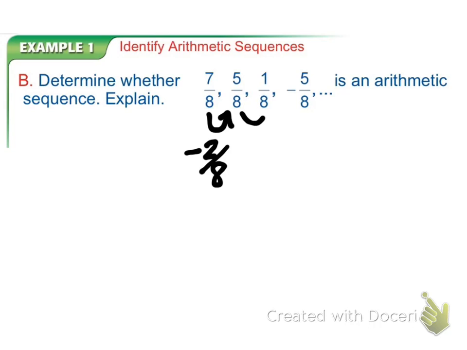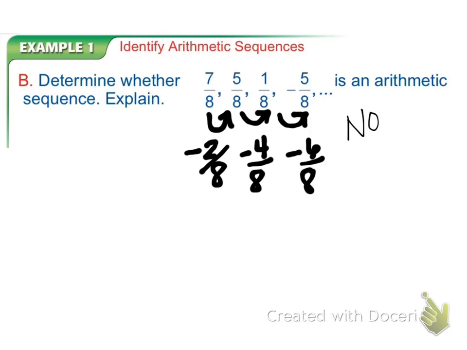Then from 5 to 1, that is a decrease of 4 over 8. And then from 1 to negative 5, that is a decrease of 6 over 8. So on that one, your answer would be a big old fat no, because the decrease is not constant.